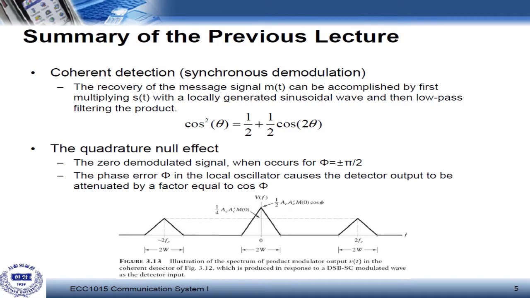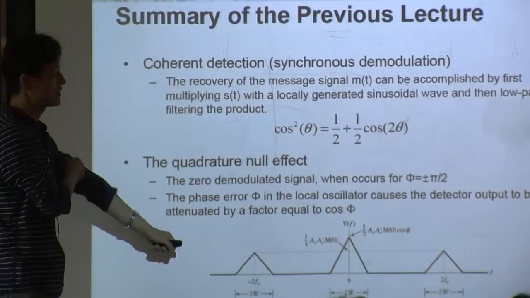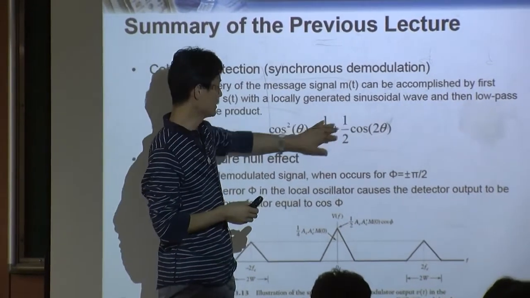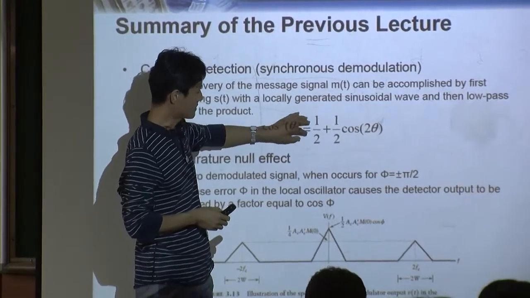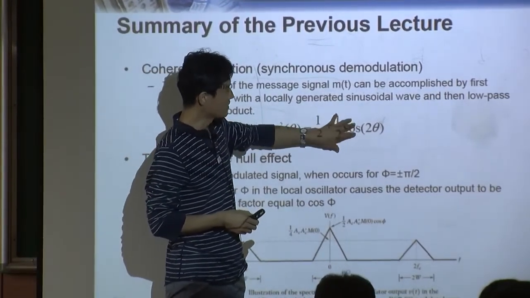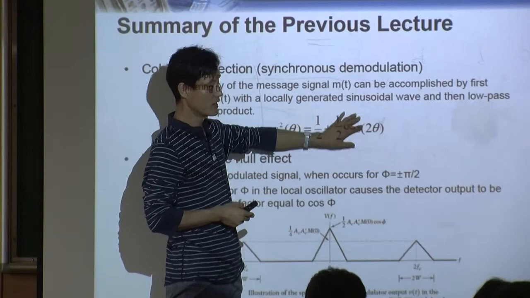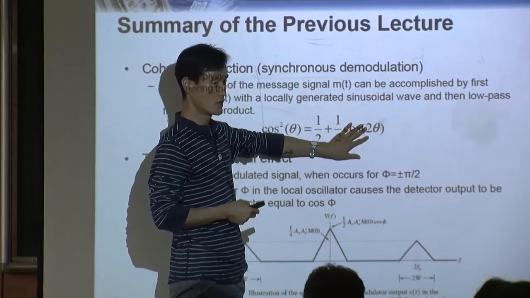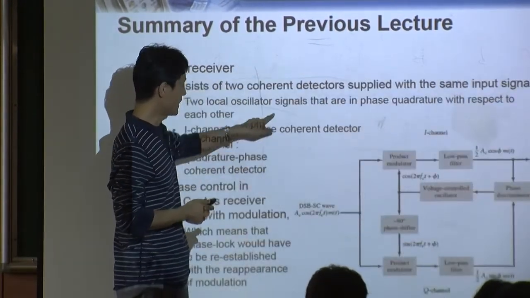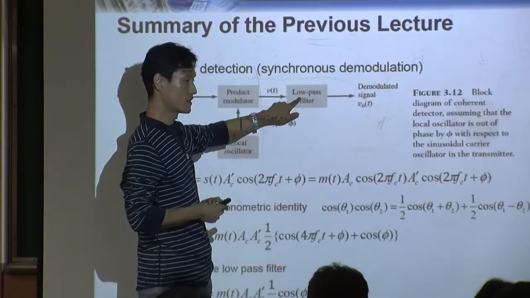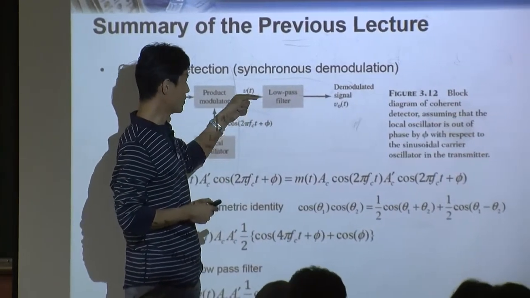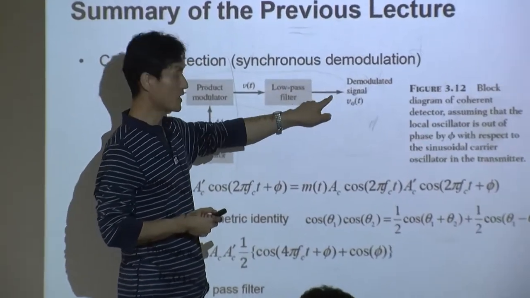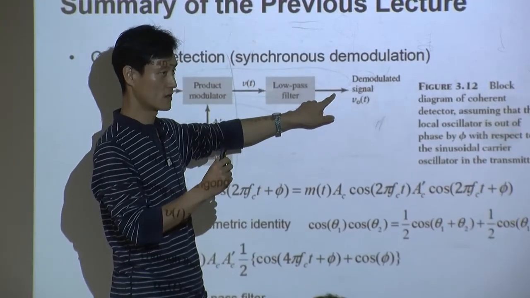This is just a trigonometric identity. So using this identity, cosine squared can be split into DC plus some other high frequency component. And this high frequency component will be removed by the low pass filter. So eventually, when you go through the low pass filter, you end up getting only the DC component.